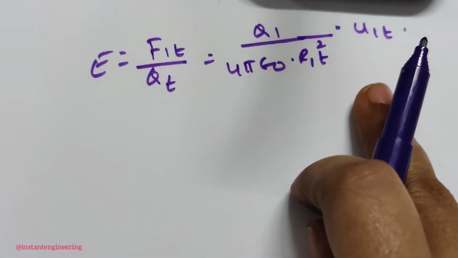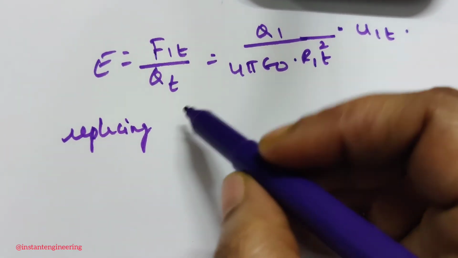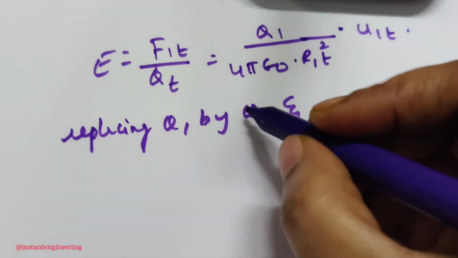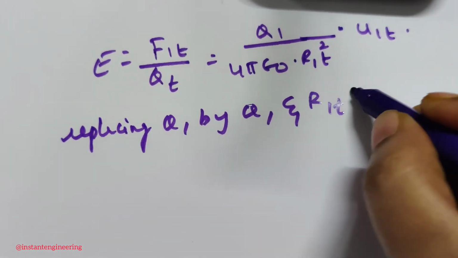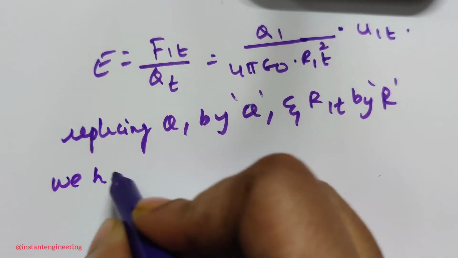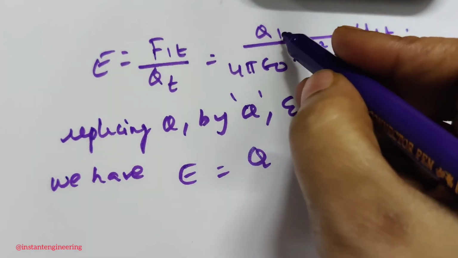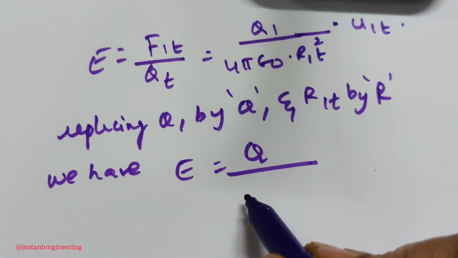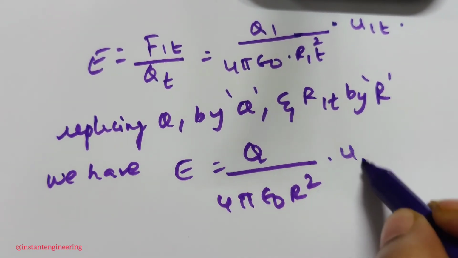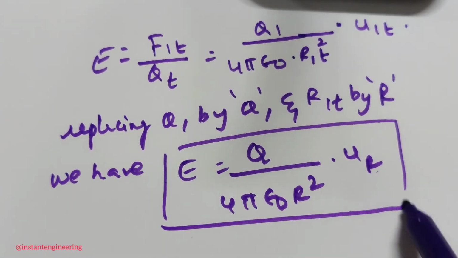So in general, you will write the formula by replacing q1 by q and r1t by r. Then from this equation E is q by 4 pi epsilon naught r square into u1t became ur. Okay, so that's it. So this is called as electric field intensity.